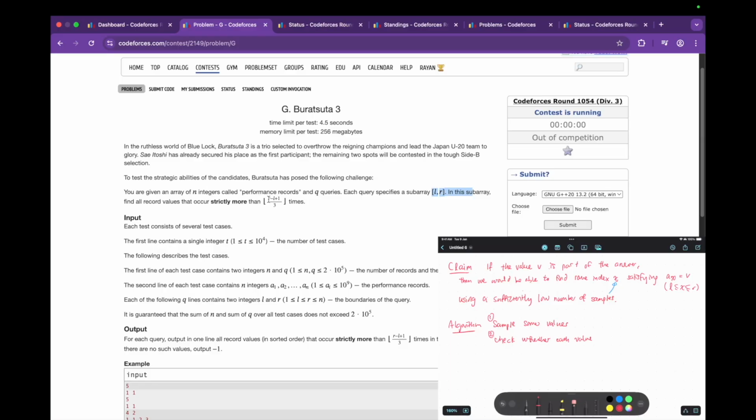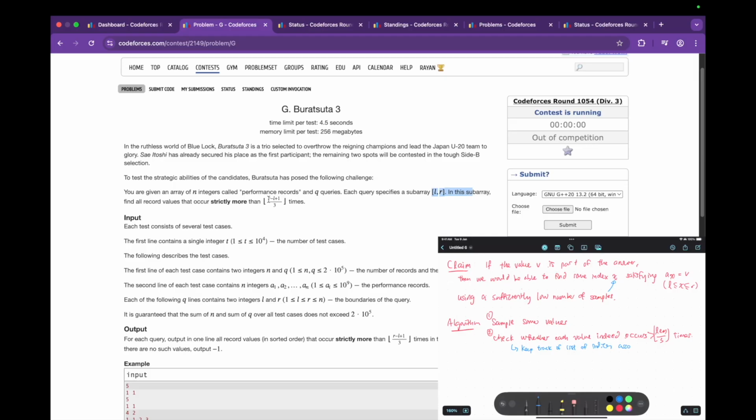and then we check whether each value indeed occurs length over 3 times. Yes, so the second part is actually a relatively standard problem. If we are given a value v, and we want to check whether this value indeed occurs over length over 3 times, we can just keep track of a list of indices associated with each value.